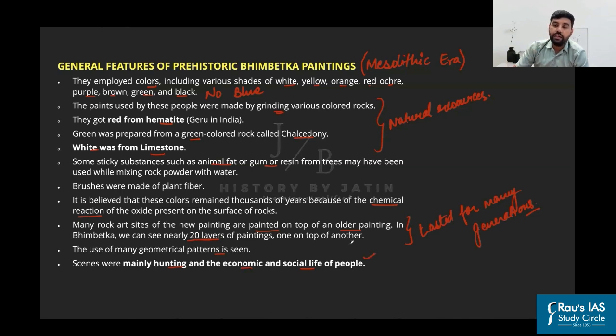Now you tell me in the chat box why they created these paintings. Tell me. I have shown you what they have shown in these paintings. They are showing hunting scenes, routine work, social life, dancing, singing, gathering around, hunting, riding an animal.